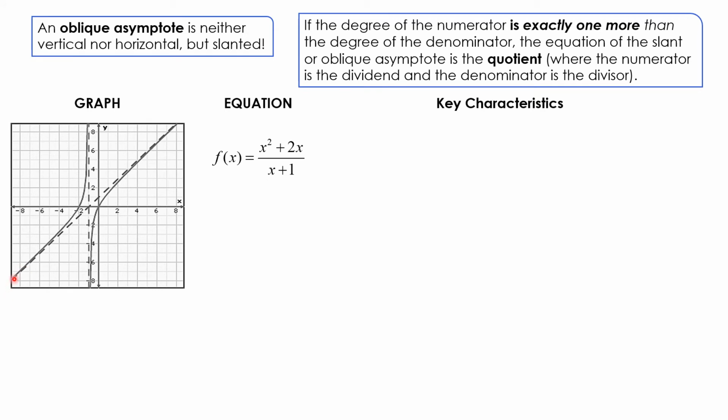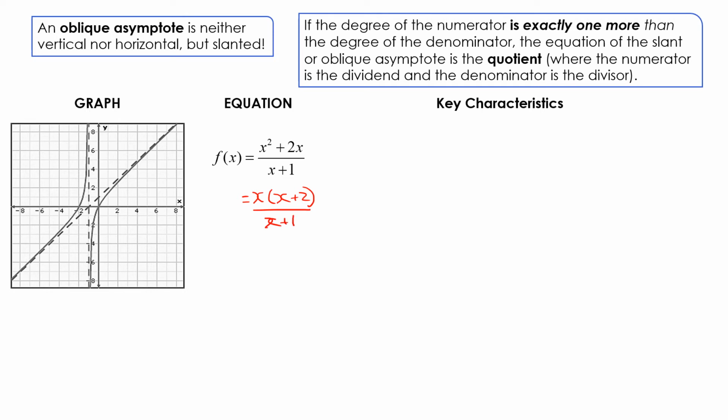Now, how to figure out where to put that slant asymptote? So let's go through our steps here as usual. We're going to start off with factoring or simplifying if we can. So we can take a greatest common factor of x out of the numerator. X plus 2 is left. Denominator, we can't do anything with that. So factor, state restrictions.